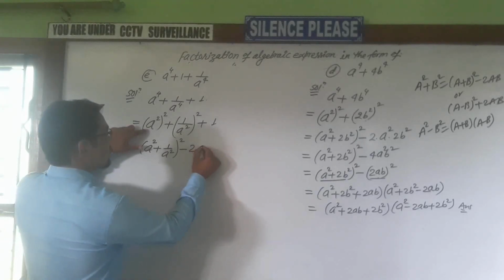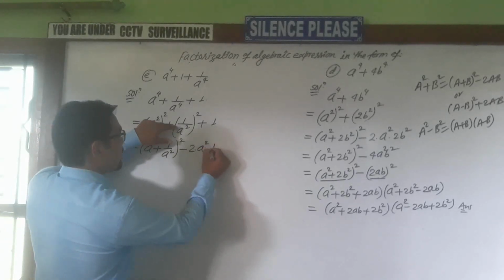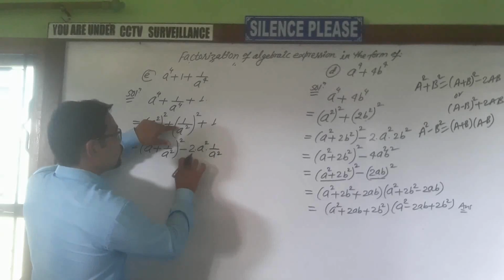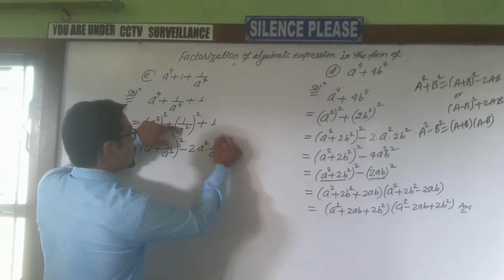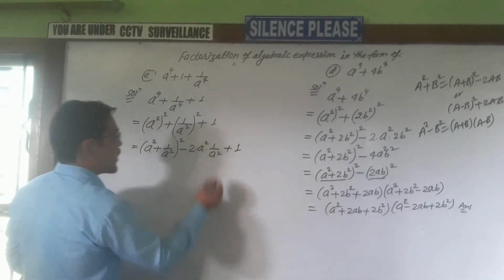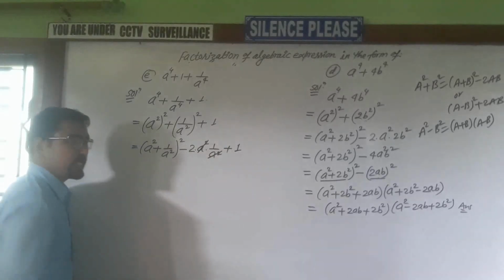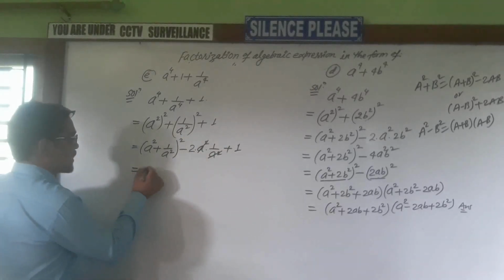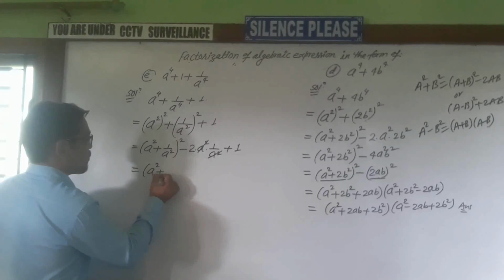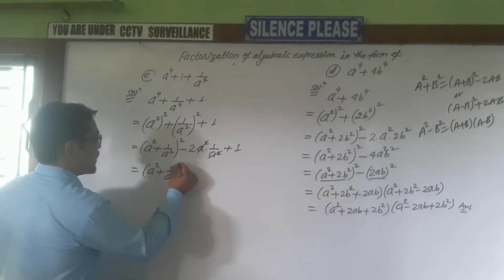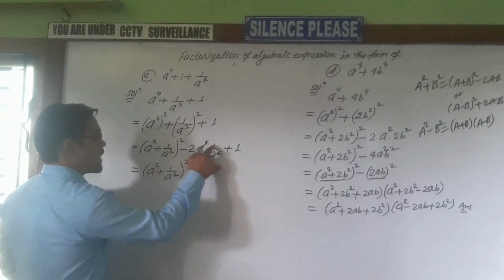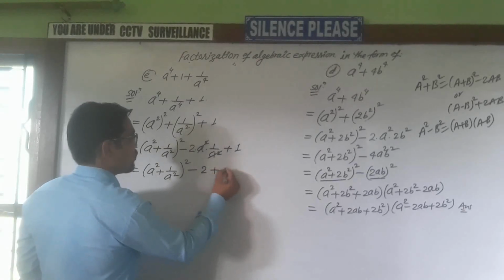A is a square here, and b represents 1 by a square. Minus 2ab plus this 1 we can put as it is. You know, this a square we can cancel. Now remaining is a square plus 1 by a square, its whole square, minus 2 remaining here, plus 1 is here.